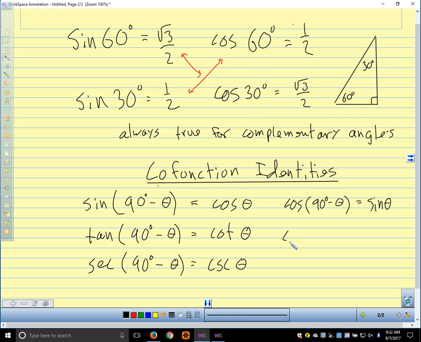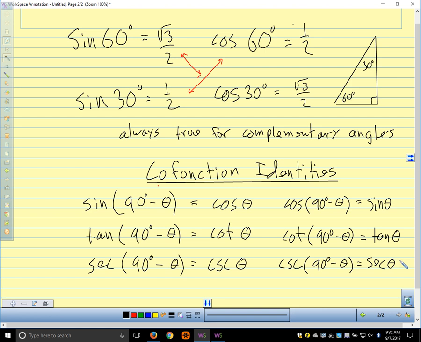The cotangent of 90 minus theta is the tangent of theta, and this one the other way around also. Cosecant of 90 degrees minus theta is the secant of theta.